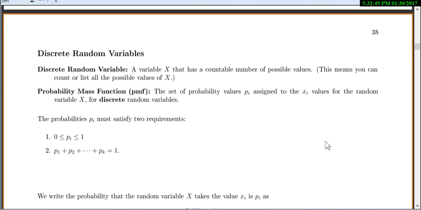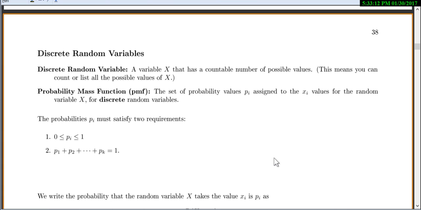So we have random variables, and then there are different types of random variables. Discrete random variables are any variable x that has a countable number of possible values, which means you could count or list all the possible values of x. We'll look at some examples if that didn't sink in yet.